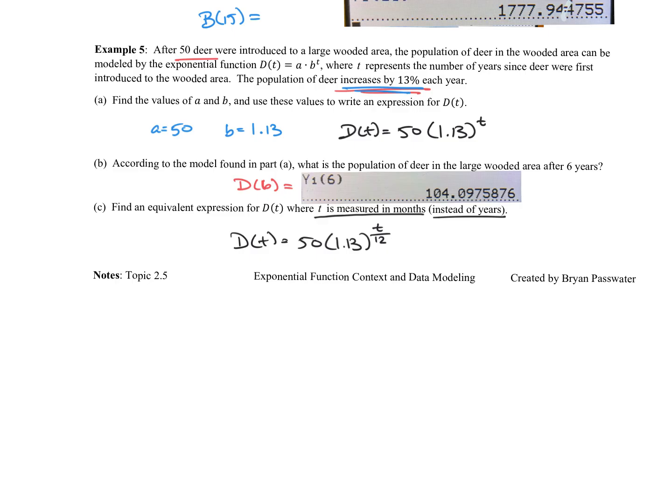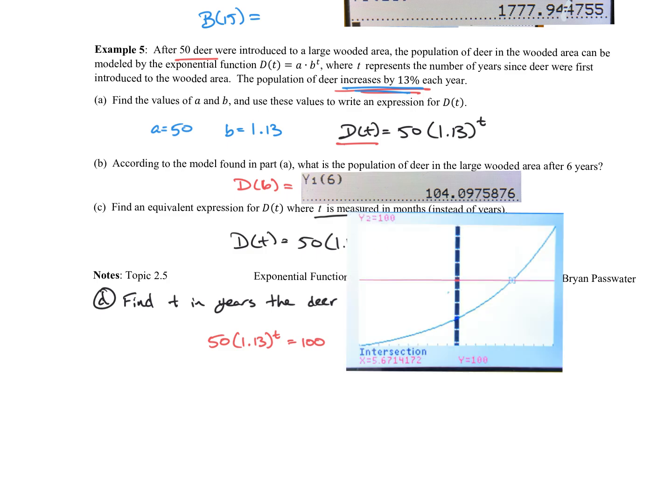Now we're going to find the time in years it takes for the deer population to be 100. What are we trying to do here? We're solving for t, so we set d of t equal to 100. We could use our algebra skills here, however I'm going to do it graphically. Let's go back into y equals.